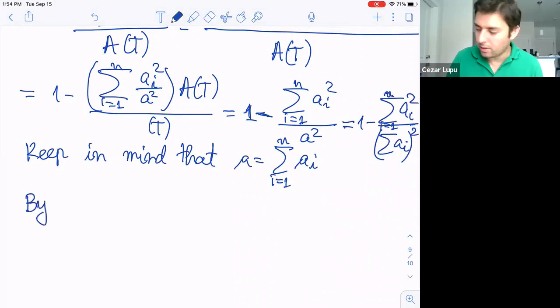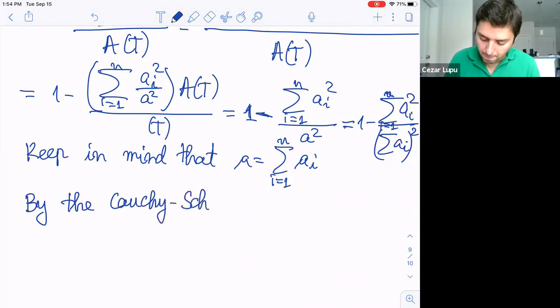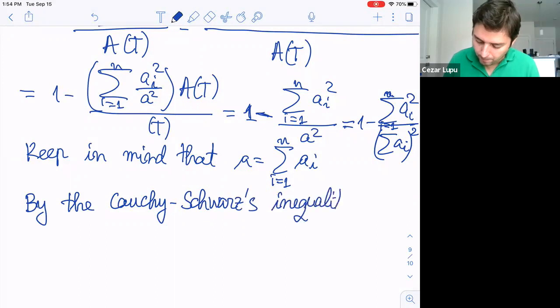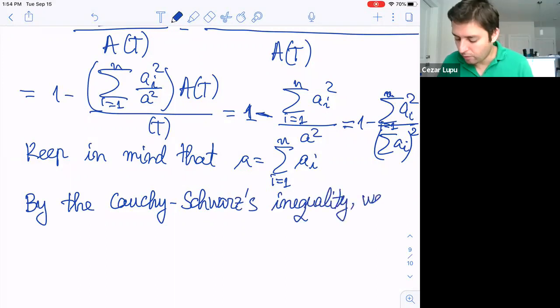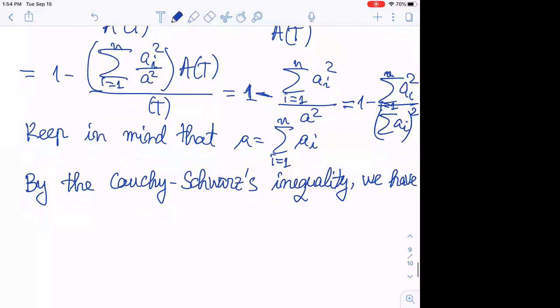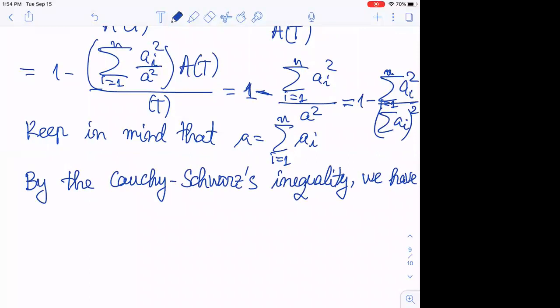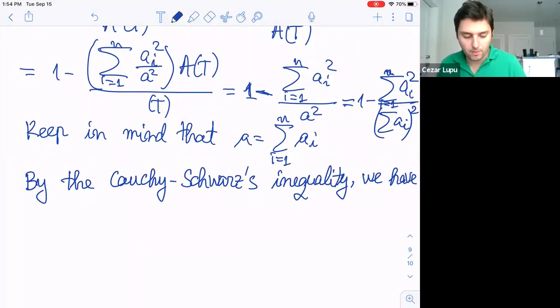By the Cauchy-Schwarz inequality, we have what? The fraction is going to be less than 1, right? Keep in mind, there is 1 over n somewhere.